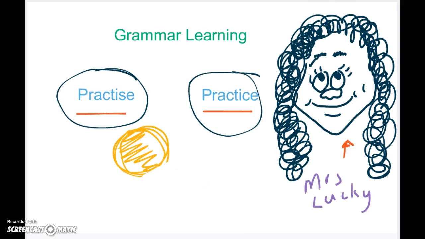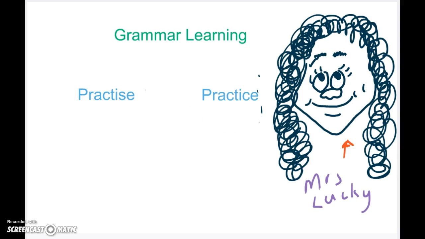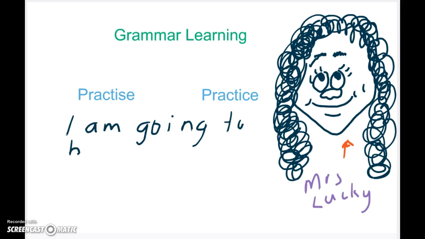Okay, so the sentence we're going to use is, I'm going to basketball practice. Okay, so I'll write this down here. I am going to basketball practice. Watch here.